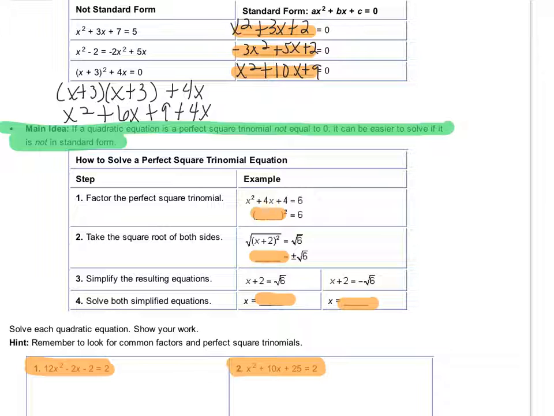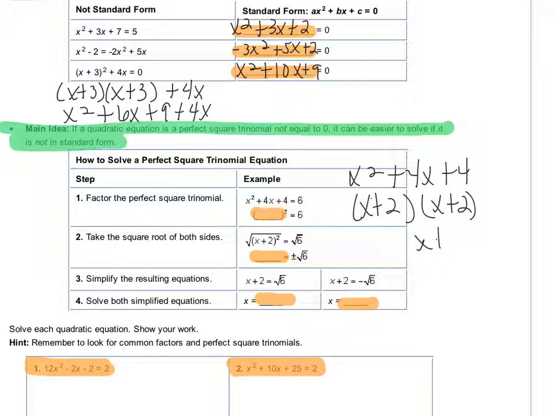So x squared plus 4x plus 4 can be rewritten as x plus 2 times x plus 2, which can also be rewritten as x plus 2 squared. So we have x plus 2 squared there.